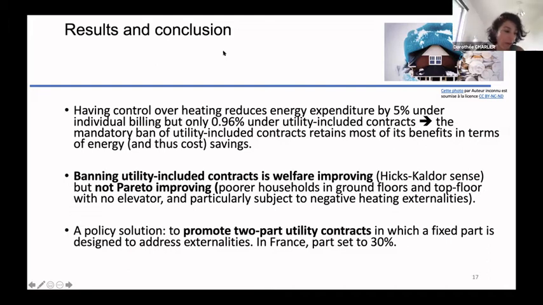Yes, we would like now to go further in this analysis in order to have an idea what the best policy is, because if you have only individual contracts, it could be unfair, because people living on the ground floor can overpay for their consumption. So what is possible to do for them? And after that, if we maintain the utility contracts and people who share their energy consumption, we have a loss of energy.